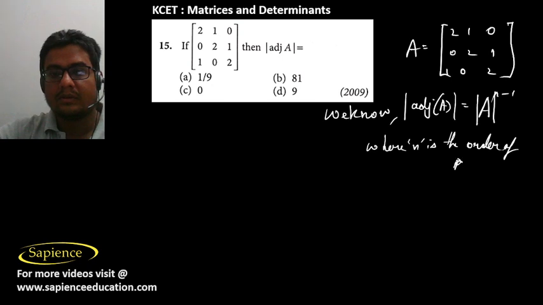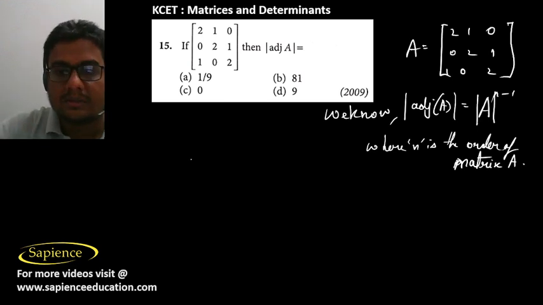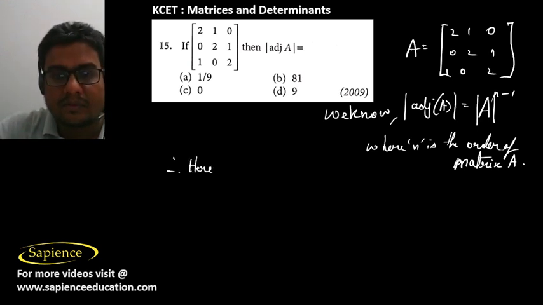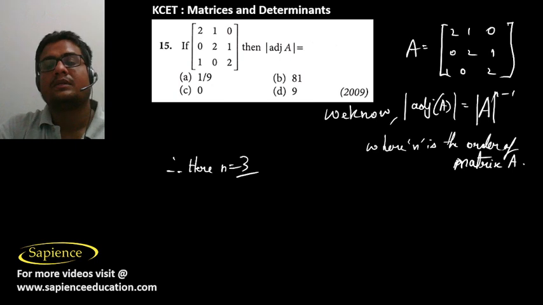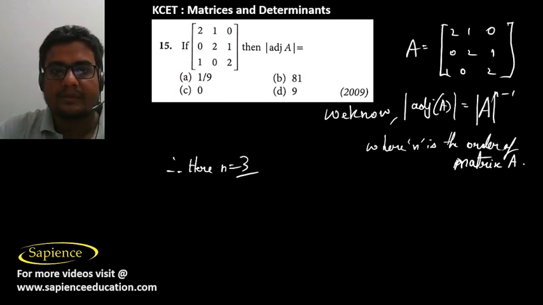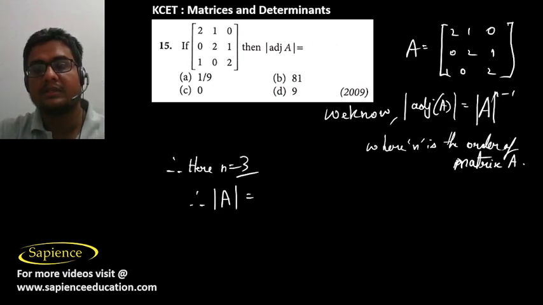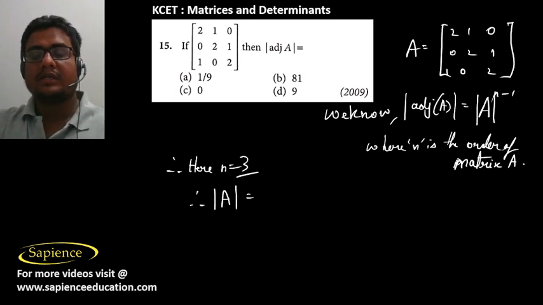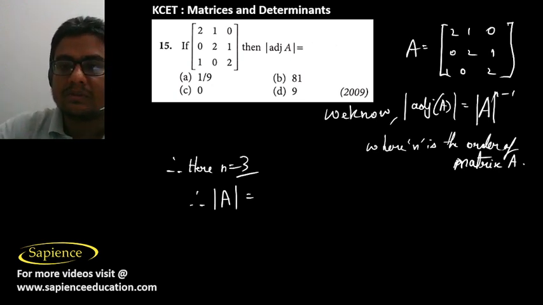Here n is equal to 3, since 3 is the order of the matrix A. So now we have to find the determinant of A. We can expand this determinant along the first row.